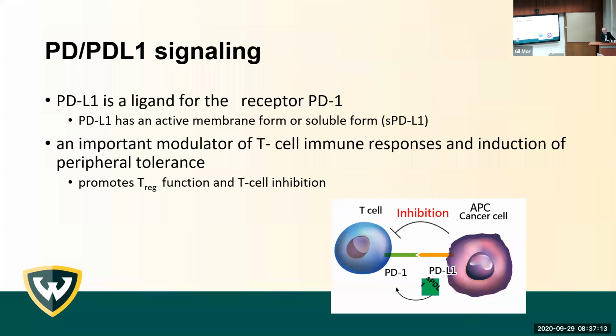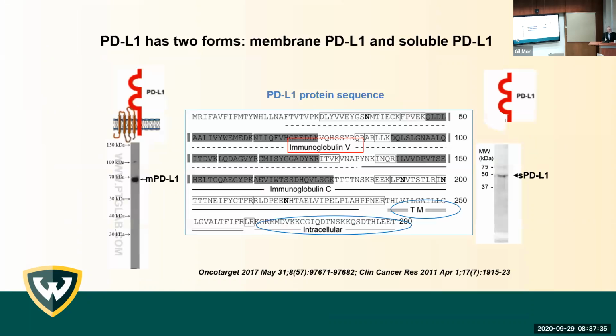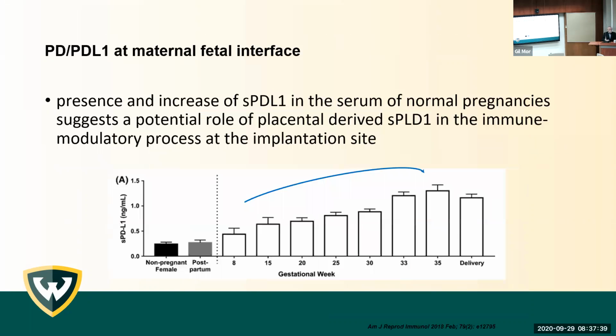And we know that the receptor PD-1 is present in peripheral monocytes. What we didn't know is whether PD-L1 is secreted by the placenta and the trophoblast. I'm not going to go into details about this because Professor Joaquim did a fantastic job explaining to you the PD-1 and PD-L1 pathway. So I'm going to skip this.